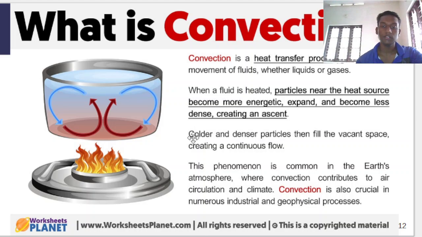While on the surface, the colder and denser particles then fill the vacant space, creating a continuous flow. This continuous flow creates the convection currents. And this phenomenon is there in many places, including the atmosphere, which includes the wind circulation, climate, etc. And it has numerous applications in industrial and geophysical process.